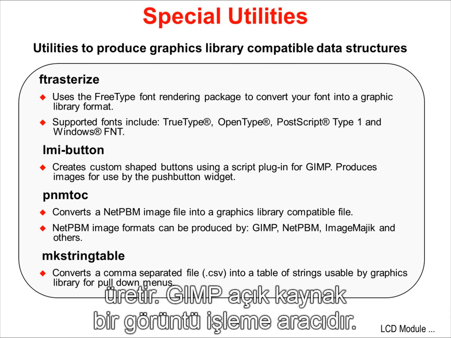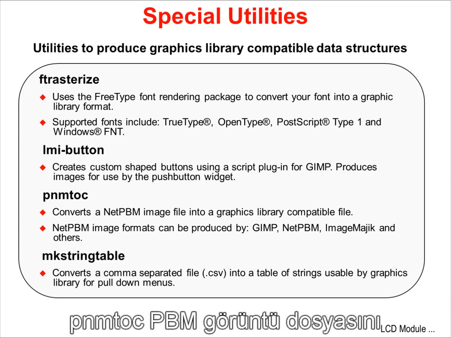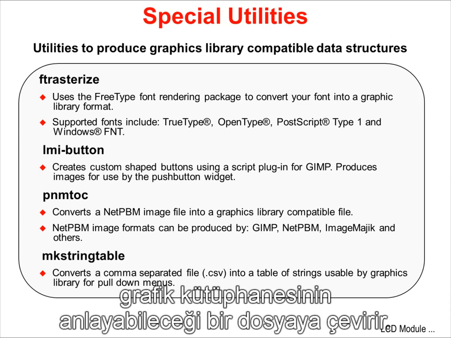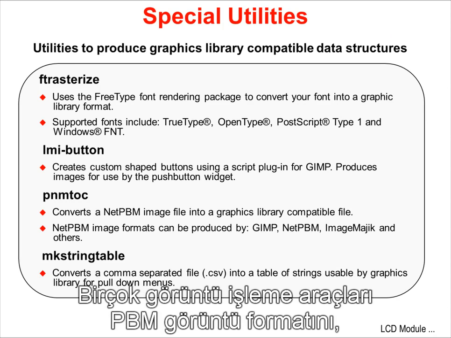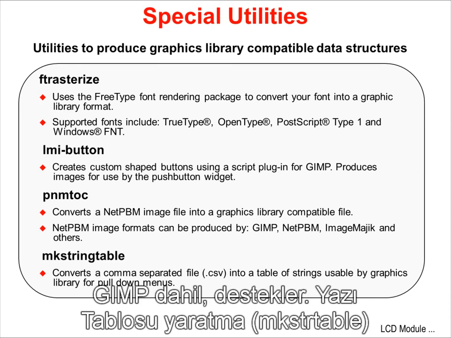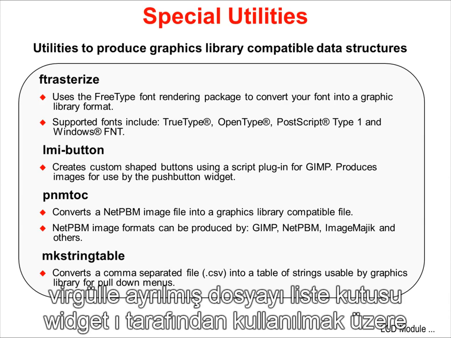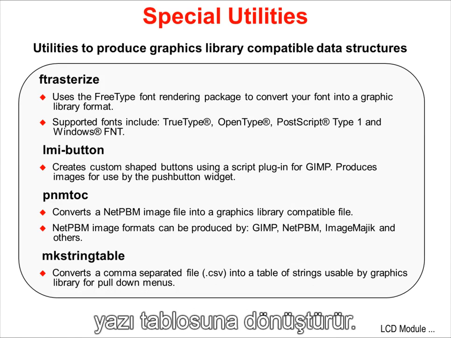GIMP is an open source image manipulation tool. PNM to C converts a netPBM image file into a file understandable by the graphics library. Several image manipulation tools handle the netPBM image format, including GIMP. MakeString Table converts a comma-separated file into a table of strings for use by the list box widget.